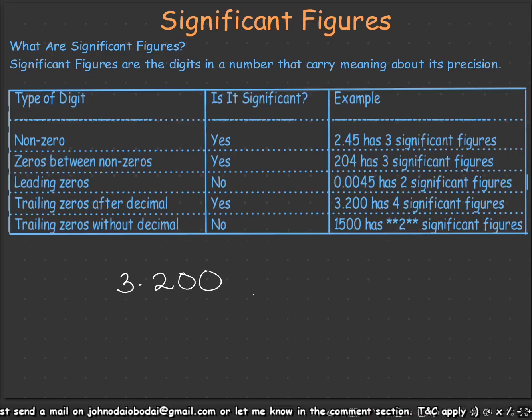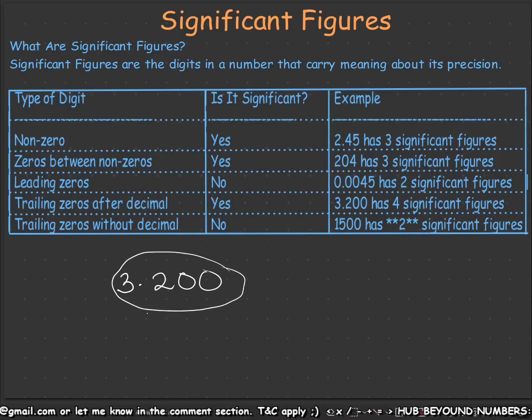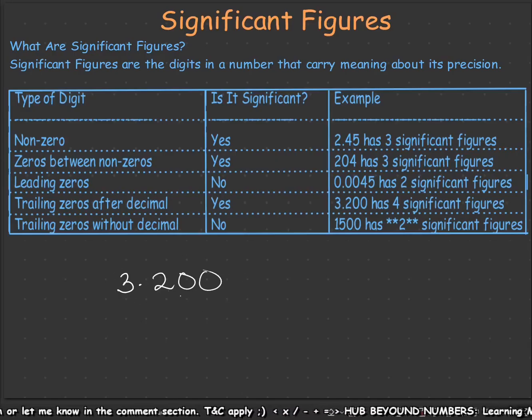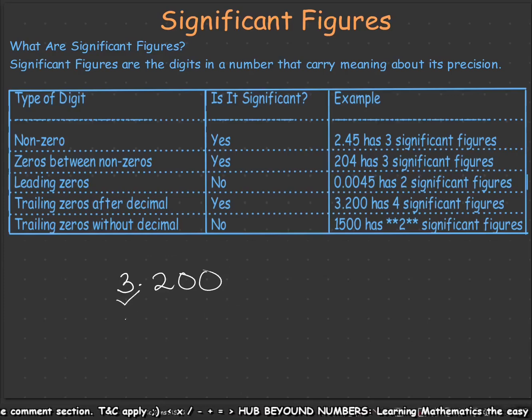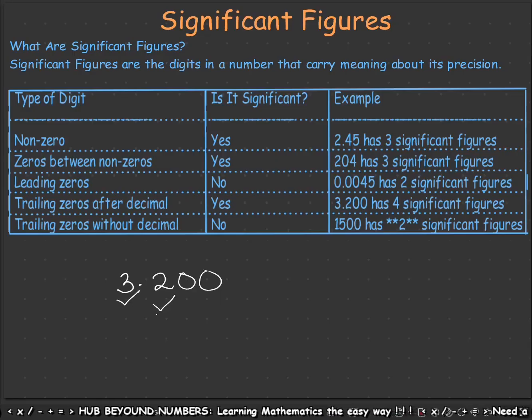You see, they are the end. Hence, they are significant. So we say this number 3.200 has 4 significant figures. This 3 is significant because it is a non-zero digit. This 2 is significant because it's a non-zero digit.